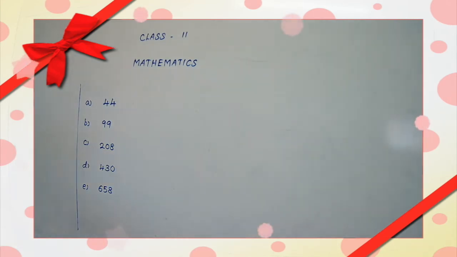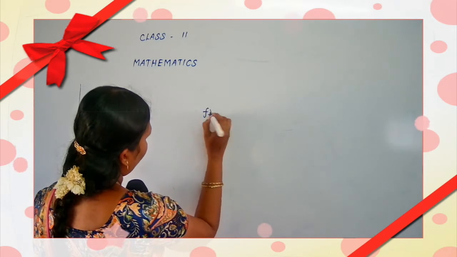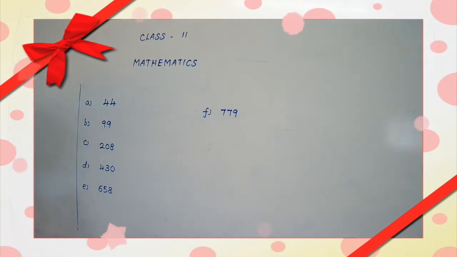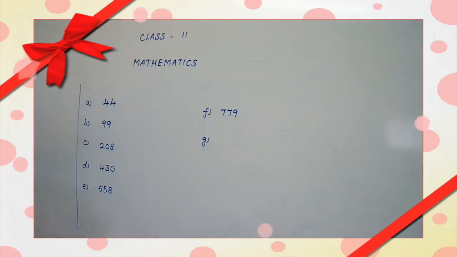Then see the F option. Read the number 708 with me. What comes before 708? The F answer is 707. Then the last one, G. 876.